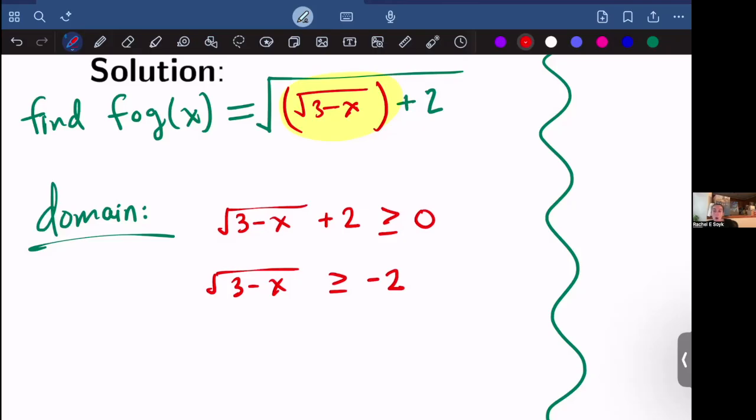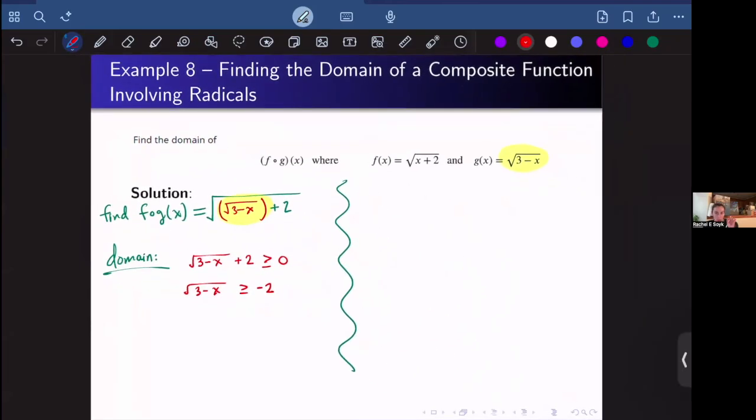But that always has to be the case, and maybe we'll put a pin on this left-hand side so that you can really see how that's always going to be the case by looking at the domain of our input, which is our g of x. Again, we do not want any negatives underneath that square root, so 3 minus x has to be greater than or equal to 0, which tells us that, if you add x to both sides, inverse operations, x is less than or equal to 3.